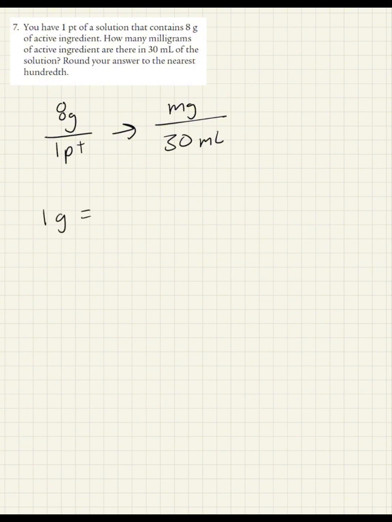So we know that 1 gram is equal to 1,000 milligrams, and 1 pint is equal to 480 milliliters.